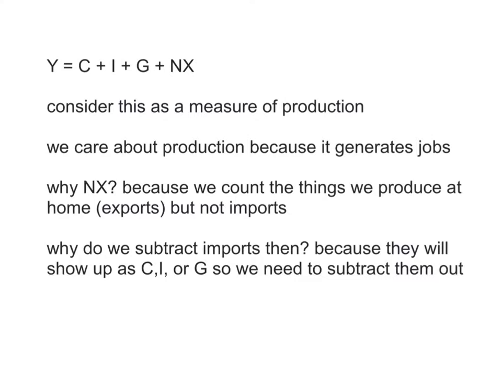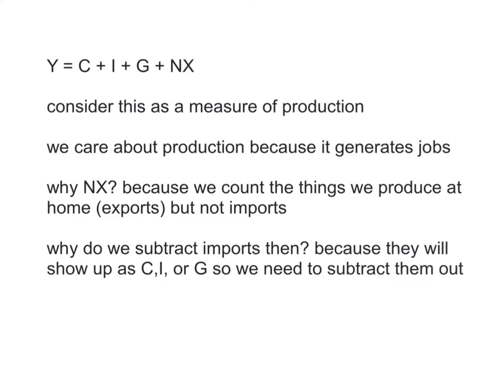There are alternative interpretations in alternative dimensions, such as income. That's not how we will think about it, though. We're not thinking about this from the income side. We're thinking about Y equals C plus I plus G from the production interpretation.